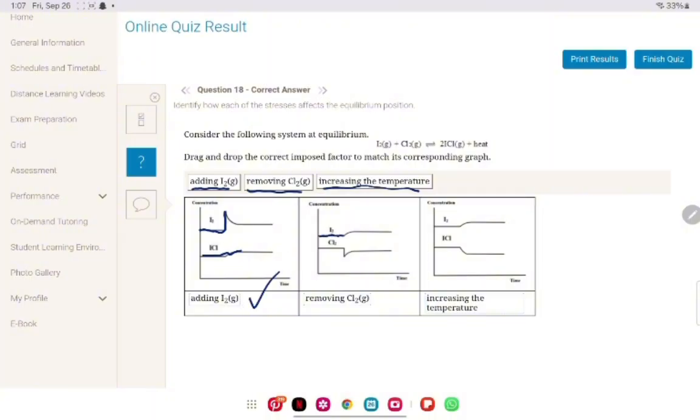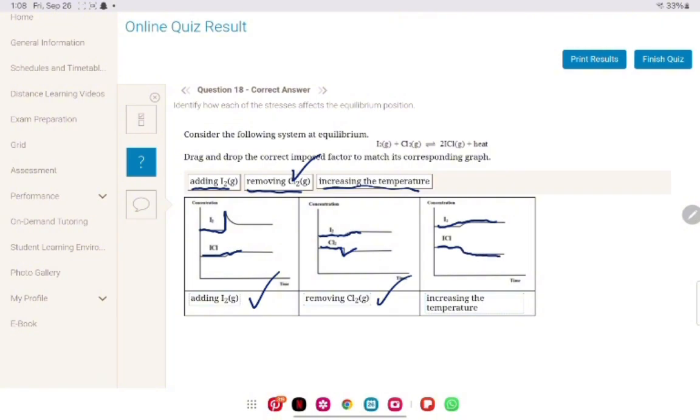Here I2 barely changed, and Cl2 decreased. So which one of the options seems most accurate? It's removing Cl2, because it decreased. Okay, here I2 barely changed, ICl lowered a bit.